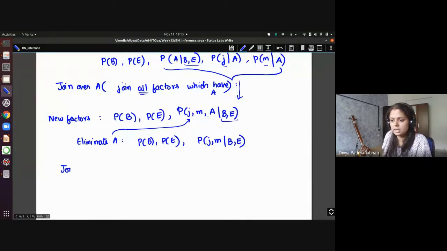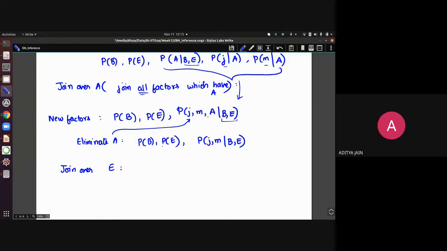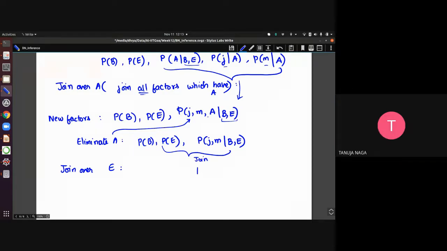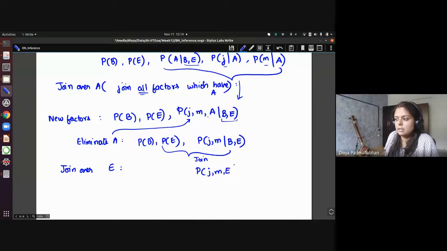So join over E is what you do next. What do you get? Which are the tables? Second and third, so these two, right? You join these two and you get P of J, M, E given B. And there is also P of B. So these are the new factors.